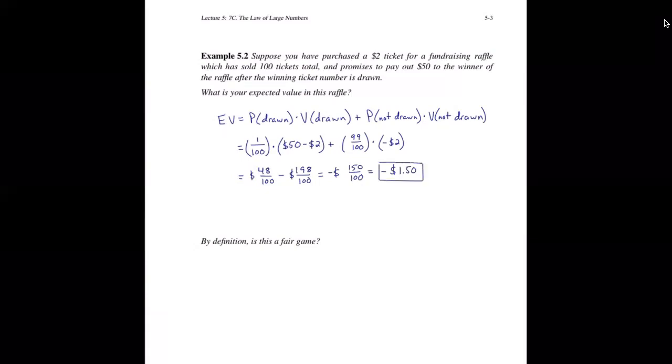Okay, so that's a pretty extreme edge, but we can kind of see the situation. We have way fewer chances to win in this game because there are 100 tickets or 99 tickets that aren't ours out of the 100, and the payoff's not really that great. We're not going to be paid enough to really raise up our expected value. There is a point where this value could be so large that this value could be positive, and if that's the case, it might make sense to play the game.